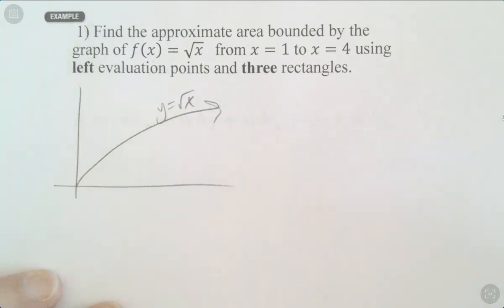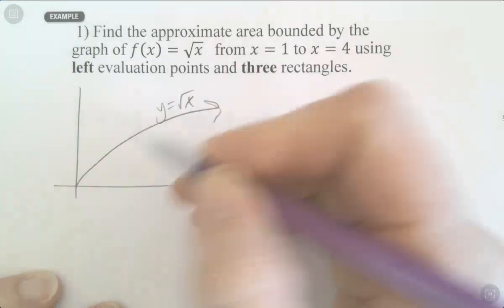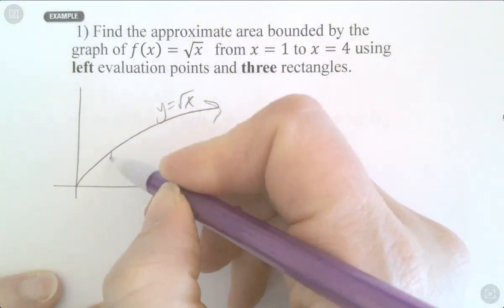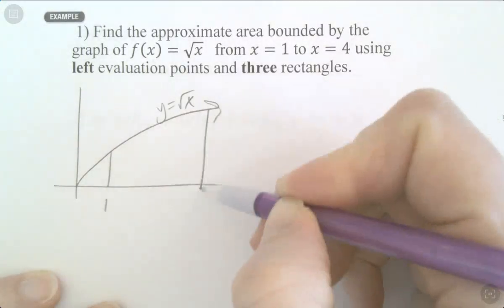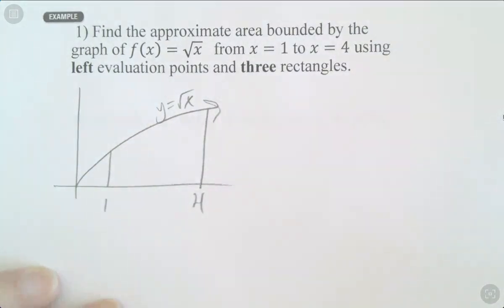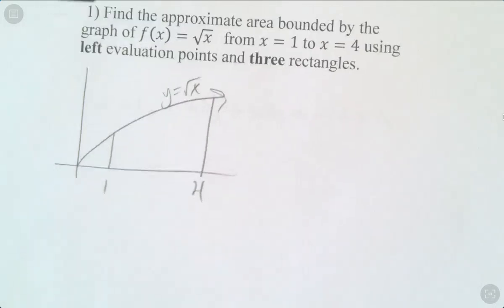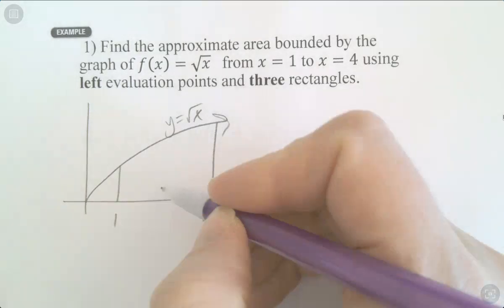So we want to go from 1 to 4, and you just eyeball it. It doesn't have to be a perfect sketch, but maybe 1 is right here, and maybe 4 is right here. And we want to break it up into 3 rectangles. So I sort of divide my region from 1 to 4 into 3 rectangles. So how wide will each rectangle be? 1. And how do you know that? Because it's the difference.